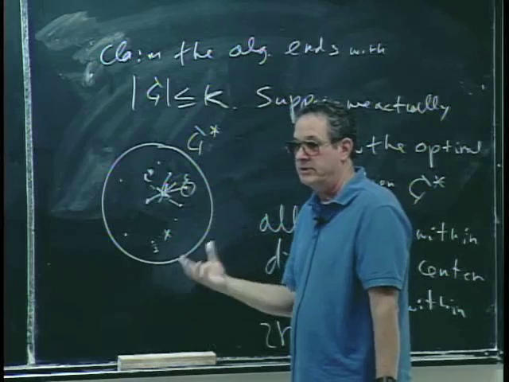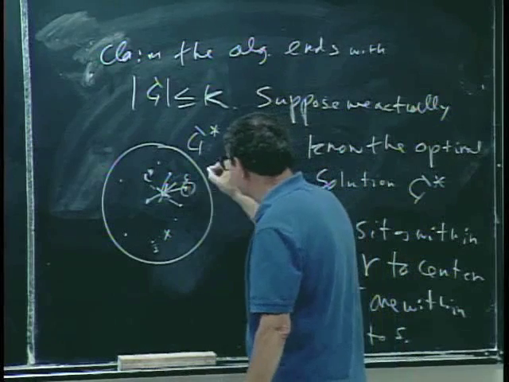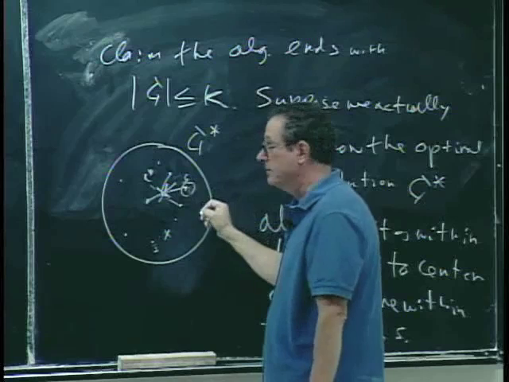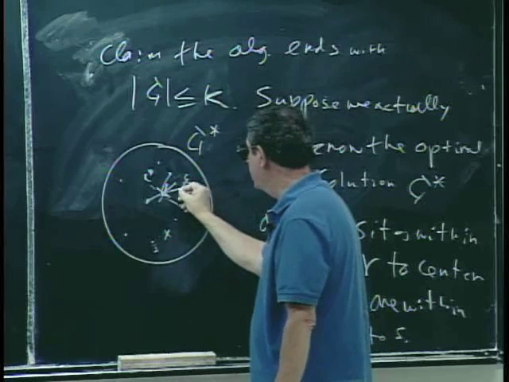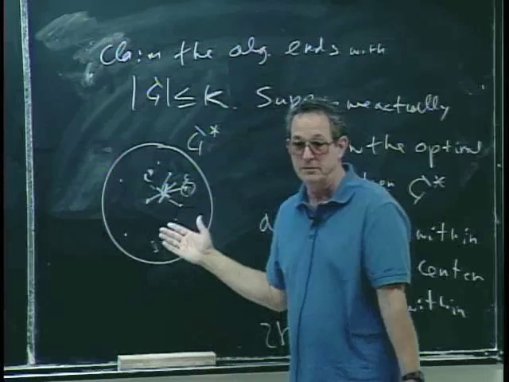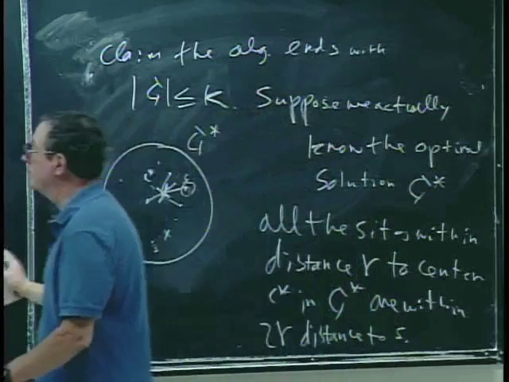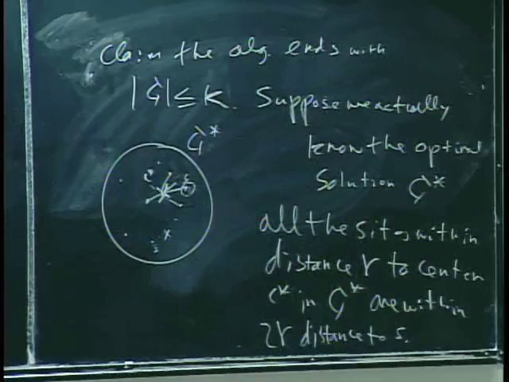So as the algorithm proceeds, each site that you pick as a center is within distance r to a different center in the optimal. Okay? So that is a crucial thing. I'm running out of time.